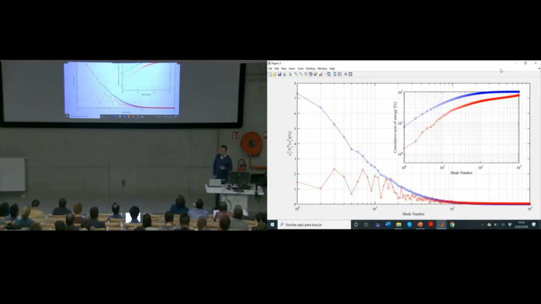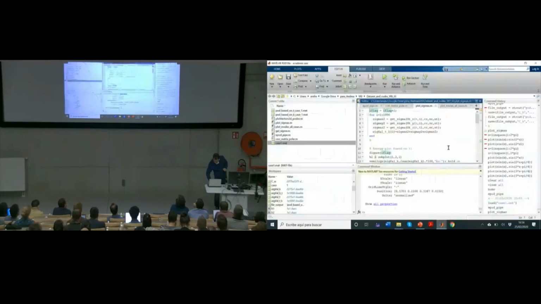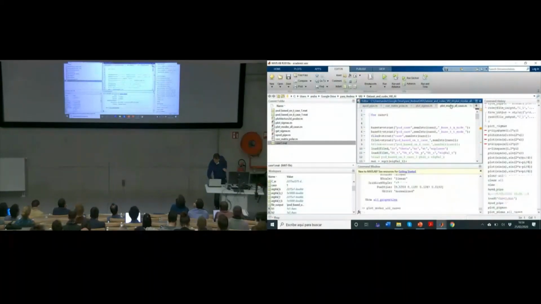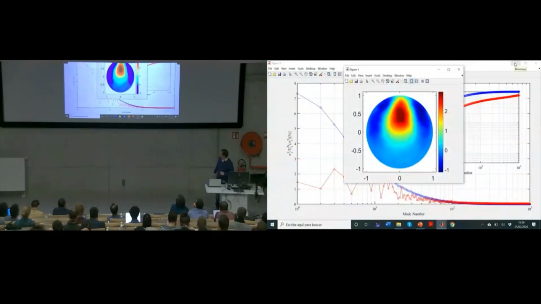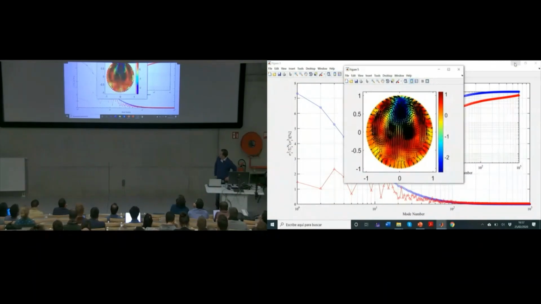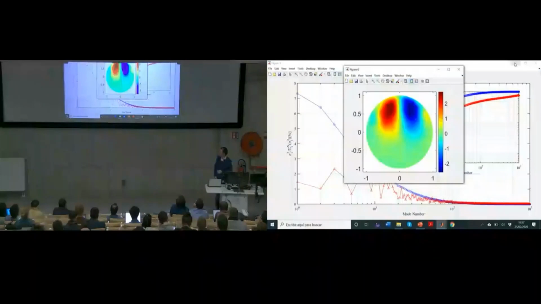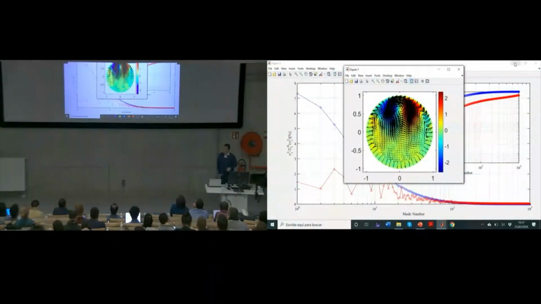In this case, the velocity modes are not anymore ordered by their variance content because they just obey the optimality of the temperature reconstruction. And I can show you here also, if you want, the modes that will start appearing. So we have a temperature mode and the corresponding velocity mode for the first, the second, the third, and so on and so forth.